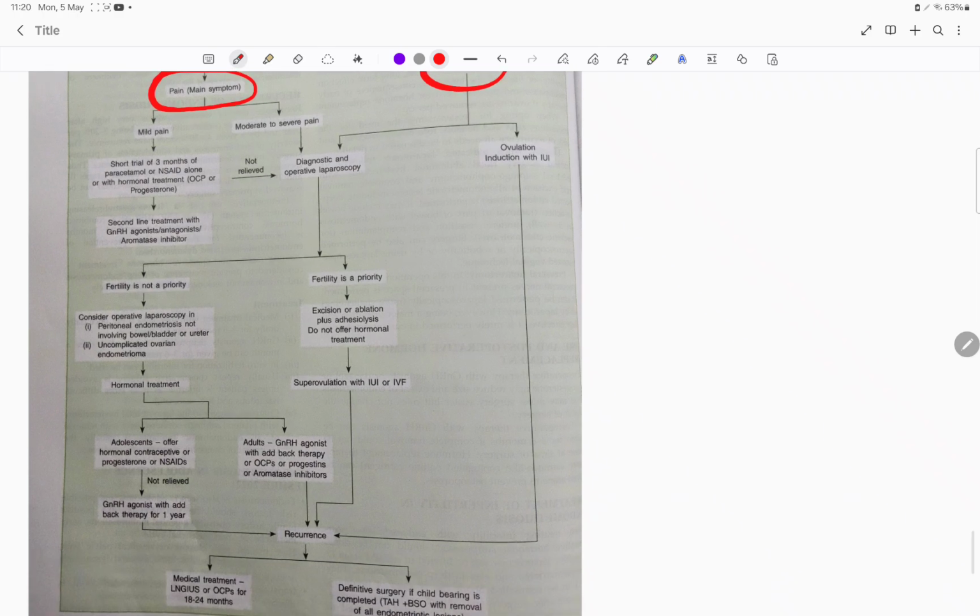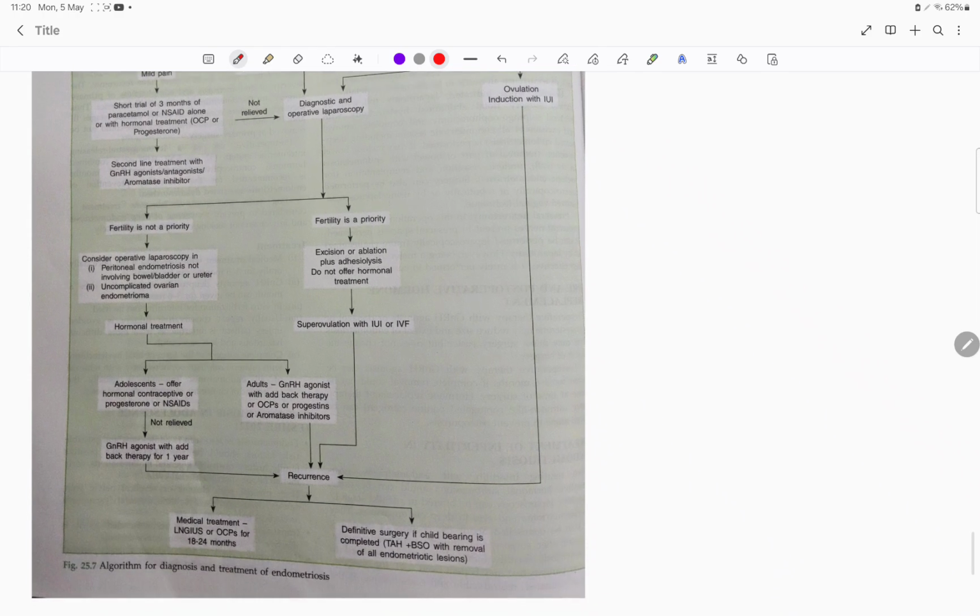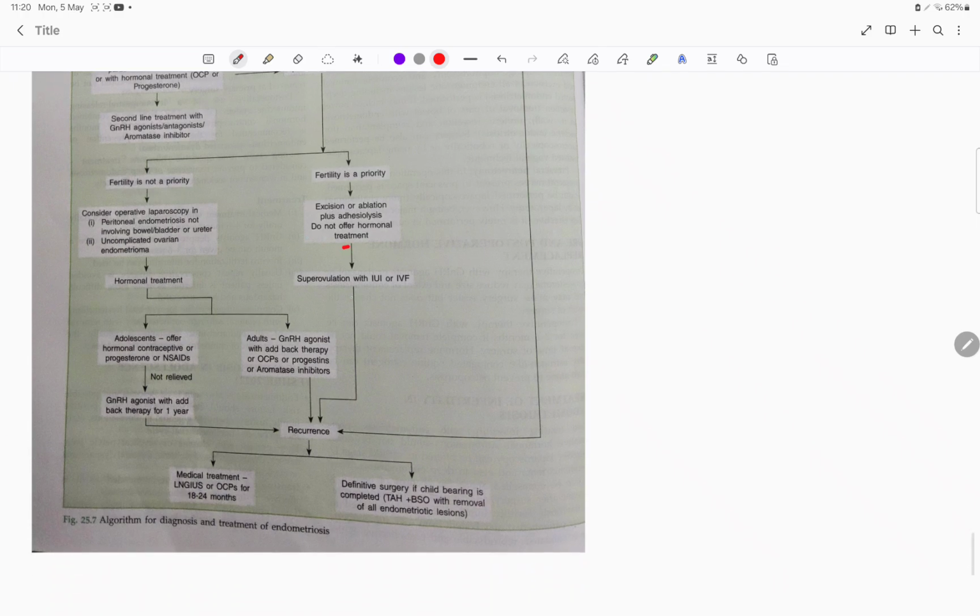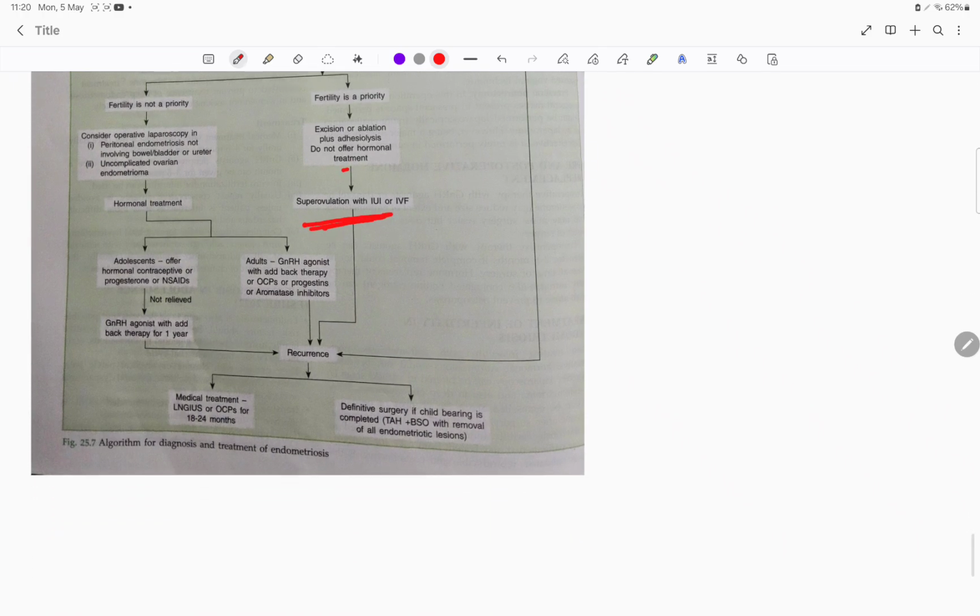If fertility is the priority, wherever there is endometrial tissue, only that you ablate or remove, and you try not to disturb the uterus and ovary more, because fertility should be preserved. So excision and ablation plus adhesiolysis, and do not offer hormonal treatment. Superovulation with IUI or IVF, and if there is a recurrence, definitive surgery should be done.